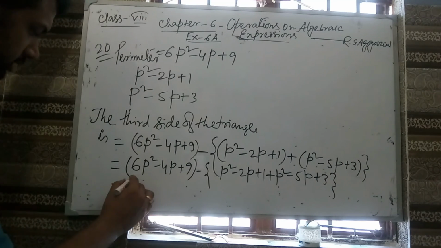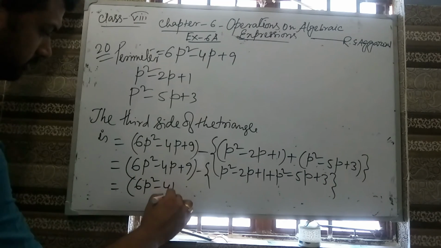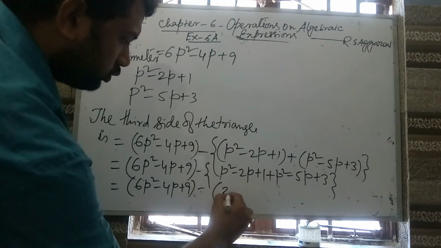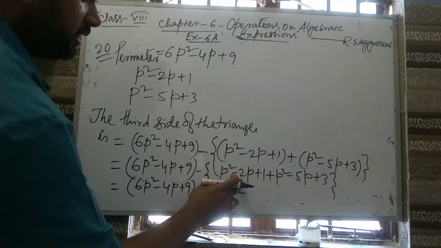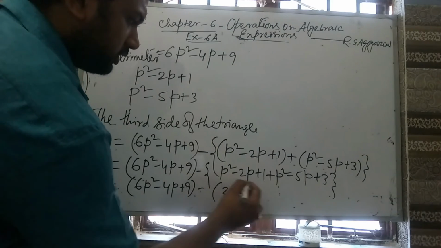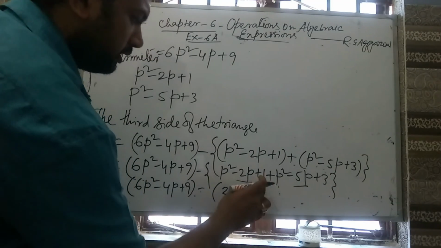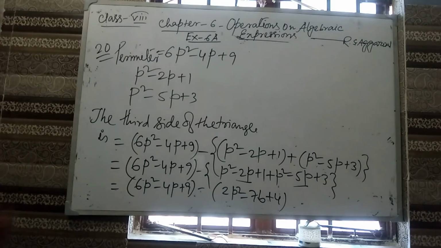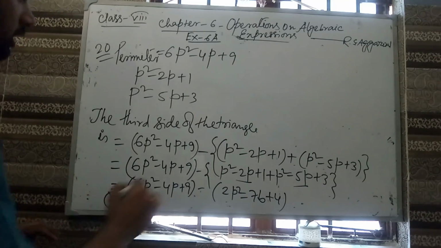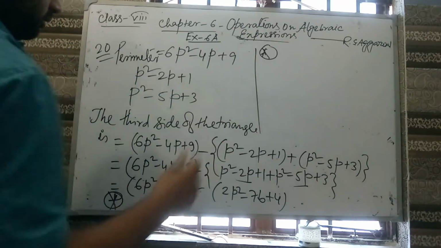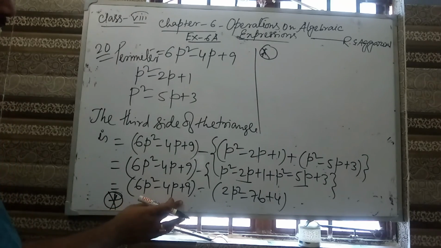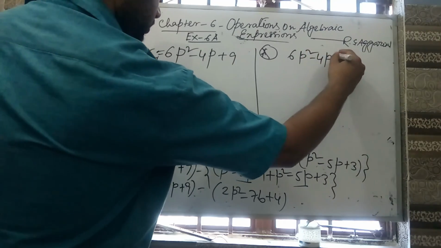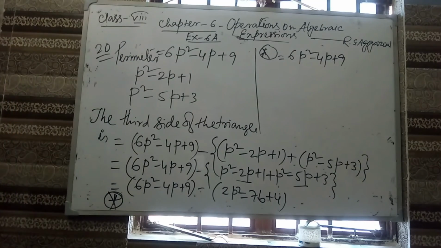Calculate it. Keep the first term as it is, minus p square and p square, so 2p square, minus 2p minus 5p, minus 7p, plus 1 plus 3, so plus 4. Now look, after this step I am writing here: 6p square minus 4p plus 9. Now we have minus.